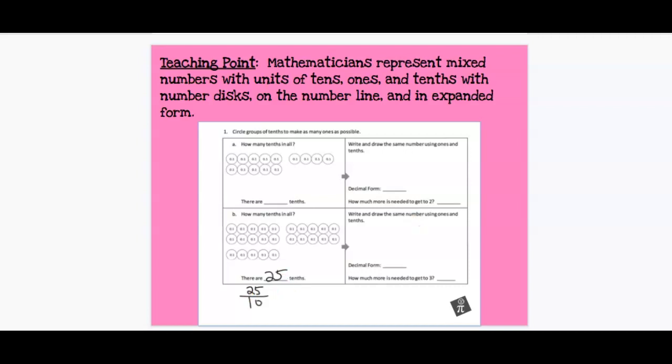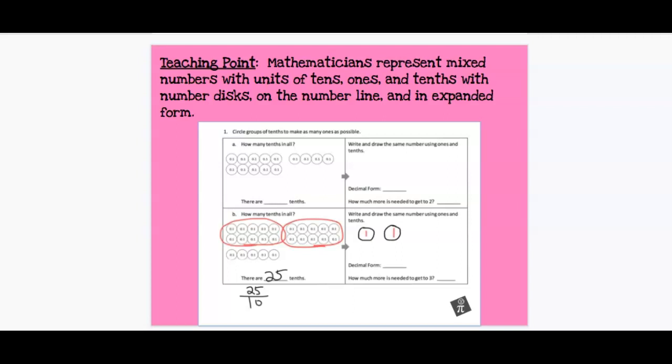Now over here it says write and draw the same number using ones and tenths. So the idea is to say, hey, wait a second. 10 tenths right here equals 1 whole. And then over here, 10 tenths equals 1 whole.